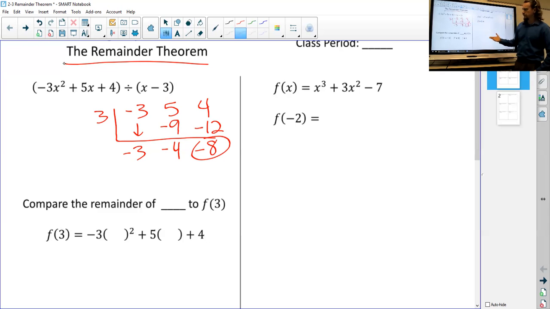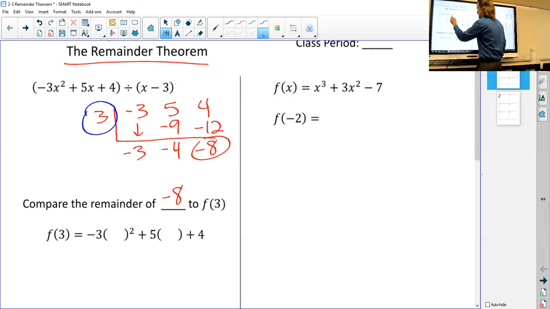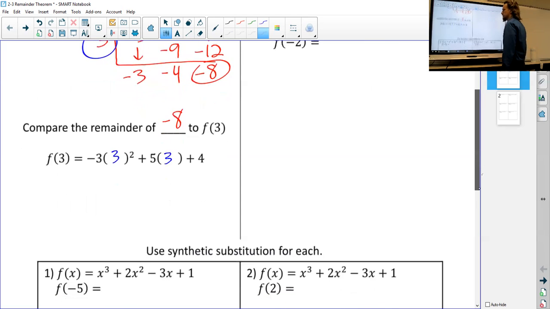So now what we can do with that is really we can just double check to make sure we did our math correctly here. So we're going to compare the remainder of -8 to f of 3. So we're going to take the same number that we just divided by, and we're going to solve the function at that value. So I'm going to replace all my x's with 3's, and then we're going to work it out.